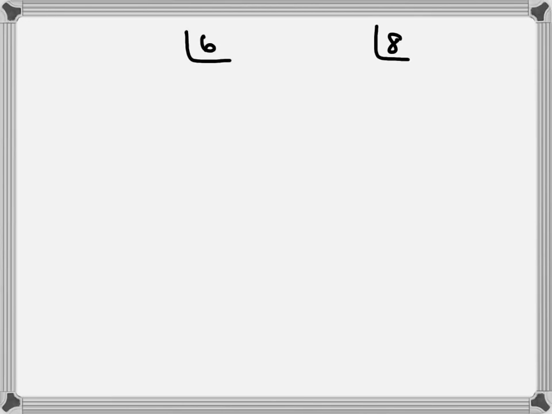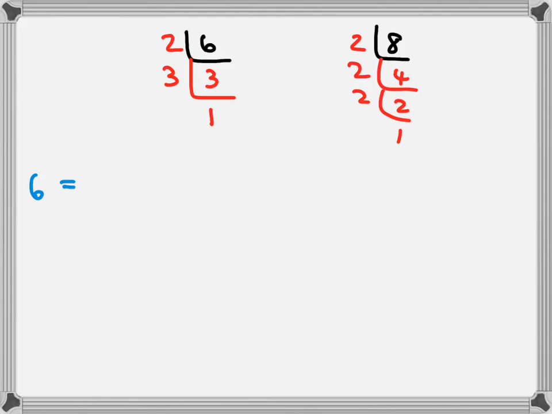Let's first factorize down to our prime factors. So 2 goes in there 3 times, 3 goes in there once, 2 goes in there 4 times, 2 goes in there 2 times, and 2 goes in there once. So let's write them out as a list. 6 in its prime factors is 2 times 3. 8 in its prime factors is 2 times 2 times 2.